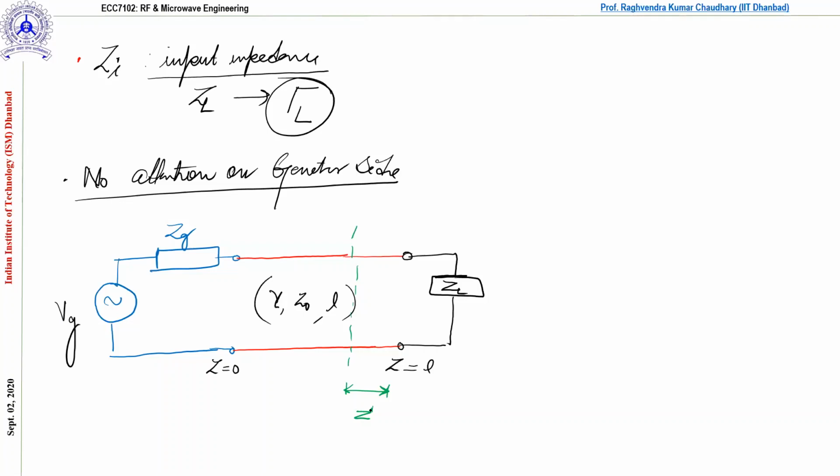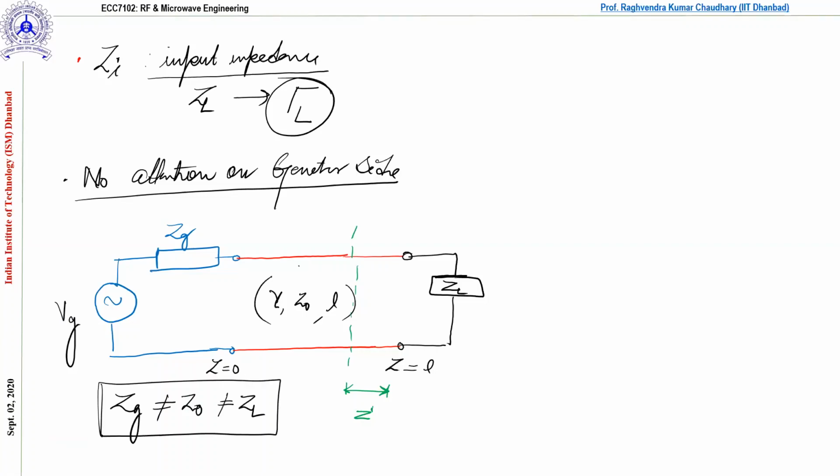Okay. So at the generator side, now we assume that Z0 and Zg are not equal, or this is not matched. Fine.